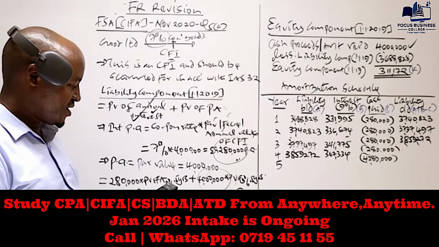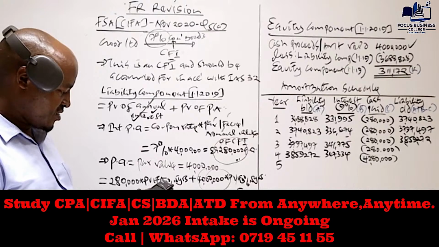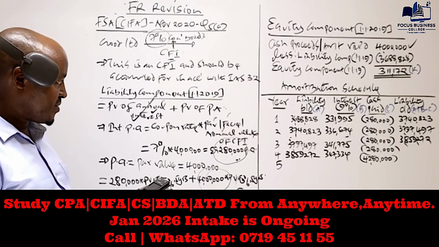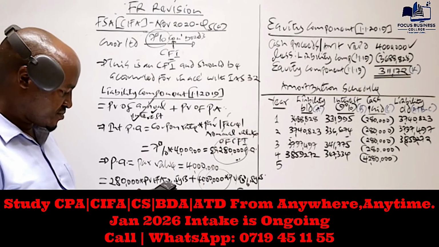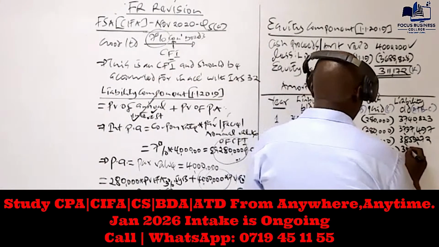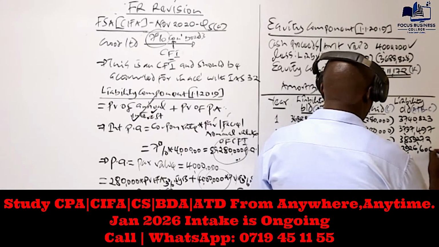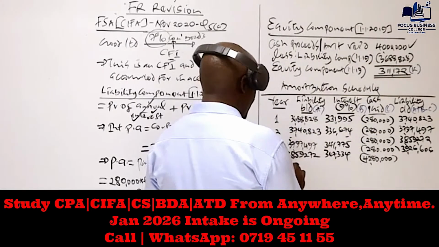What about the liability at the end of the year? 3,859,272 minus 280,000. Yes, and I'm getting 3,926,606. So that will be the opening balance here.